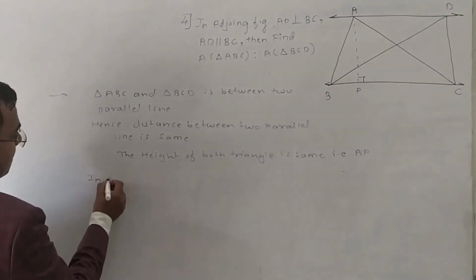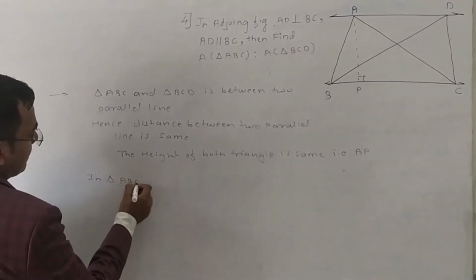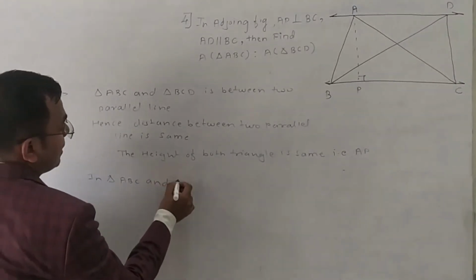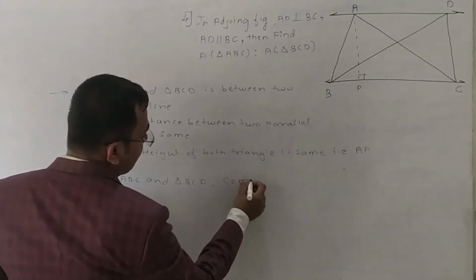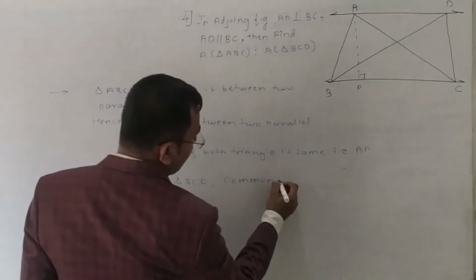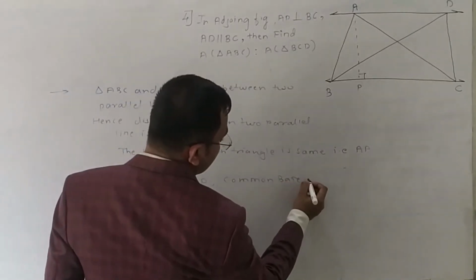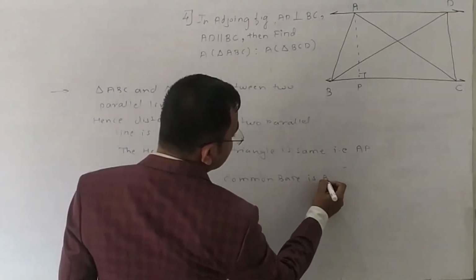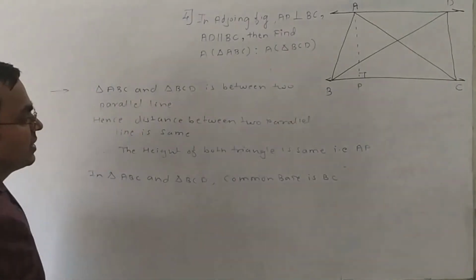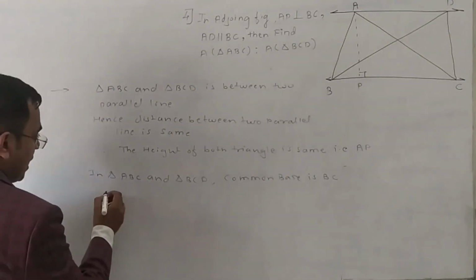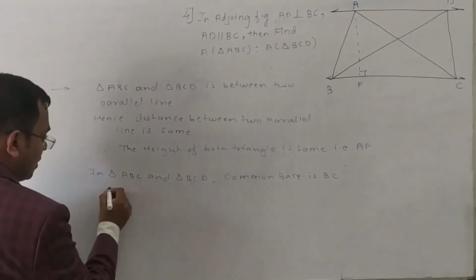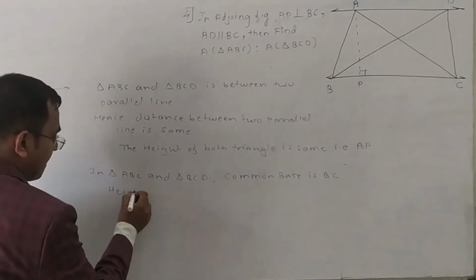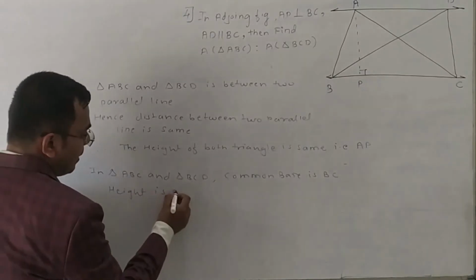In triangle ABC and triangle BCD, the common base is BC, and the height is AP.